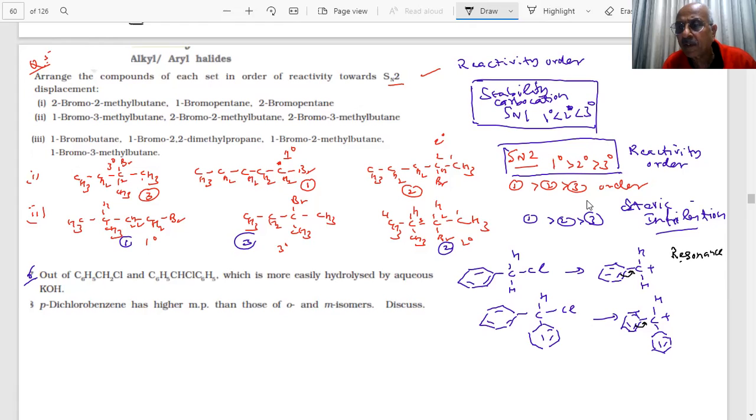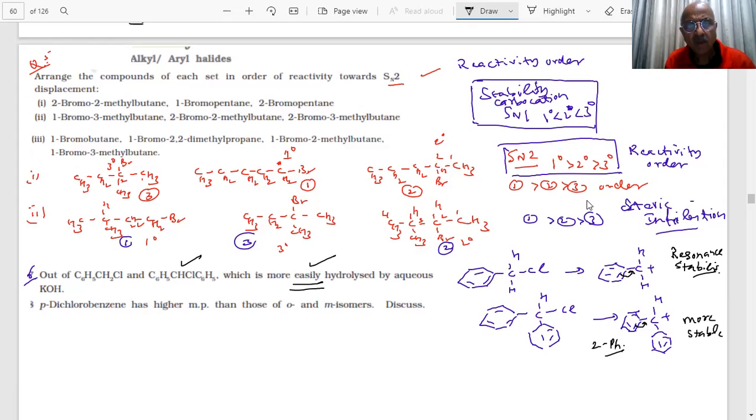Resonance stabilization. So there are two phenyl groups, so more stable. Therefore, what is the answer? This will be hydrolyzed more easily.